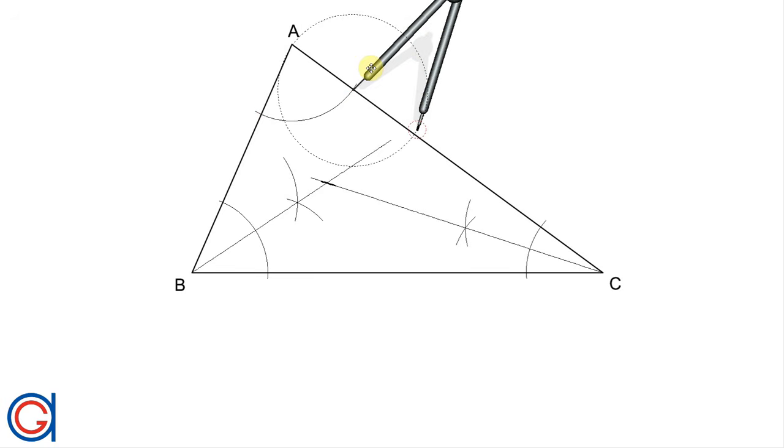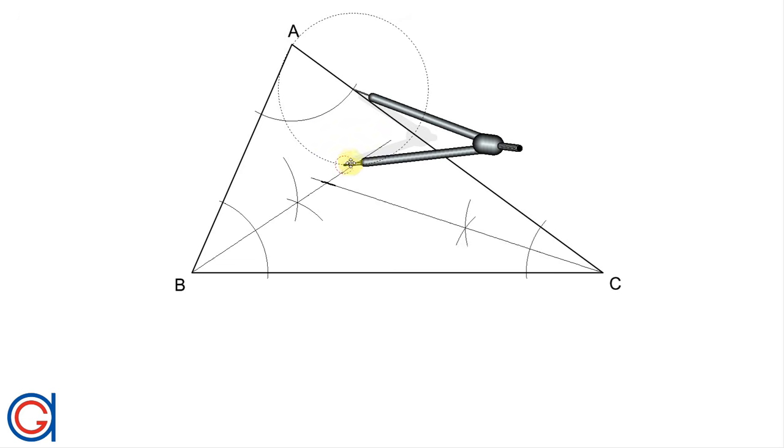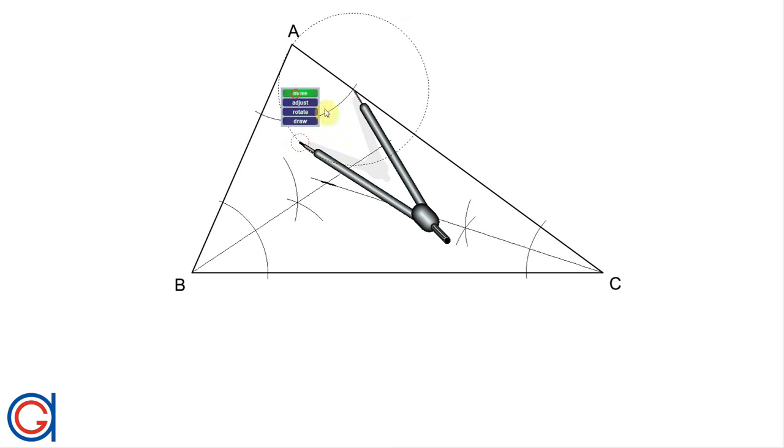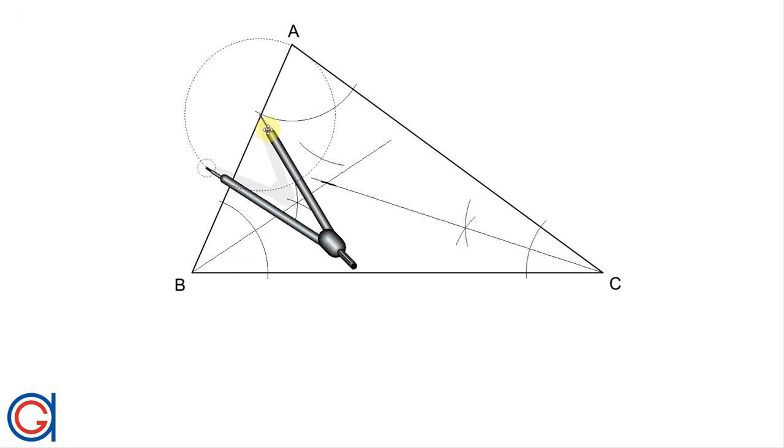And again, setting our compass on this intersection point, we scribe an arc below. And now setting our compass on the other side, we scribe another arc till it cuts our previously drawn arc.